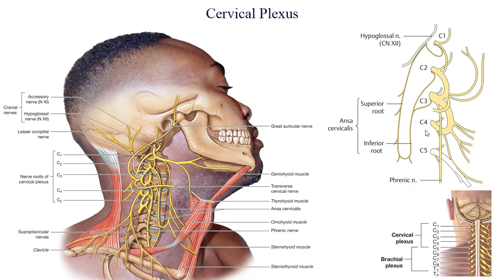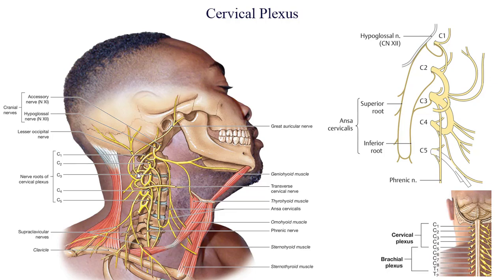In some textbooks, you may find that the 5th cervical nerve is included in the cervical plexus due to the fact that it contributes to the formation of the phrenic nerve, which is one of the motor branches of the cervical plexus.